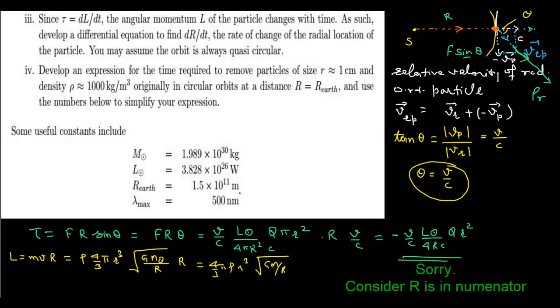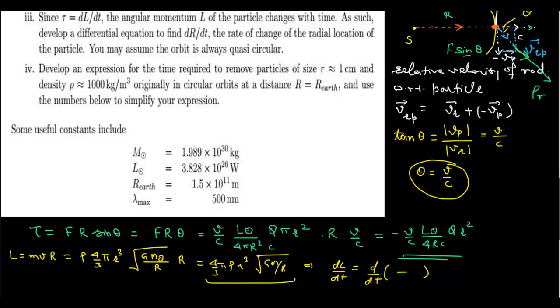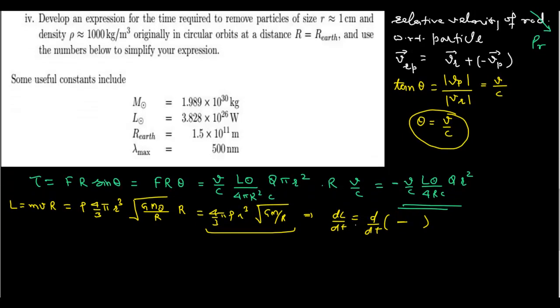Now in order to calculate the desired result of dr by dt, we have to differentiate this equation on both sides, and differentiating we will get dL by dt equal to d by dt into this quantity. Clear? So we will put this quantity here, and dL by dt is tau, and tau we have calculated here.